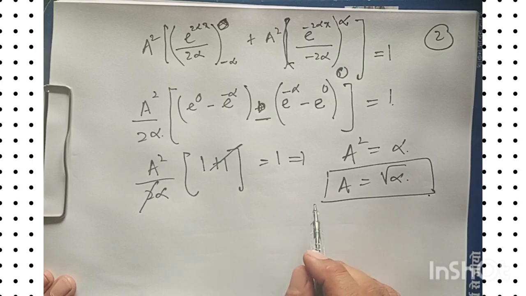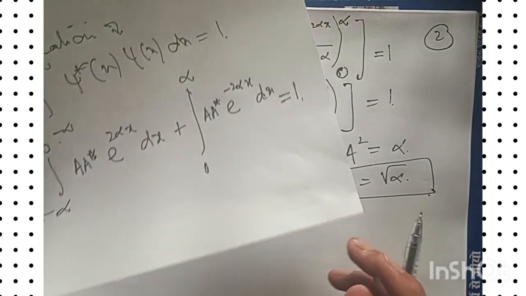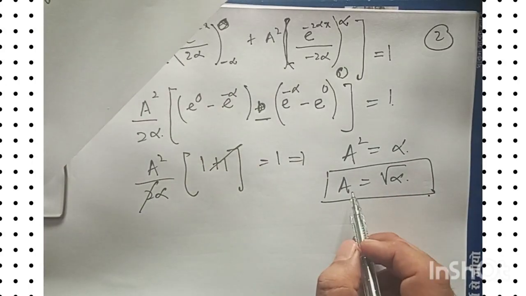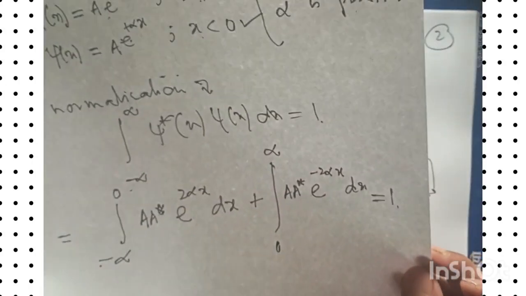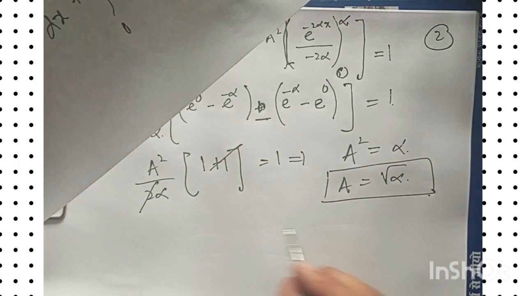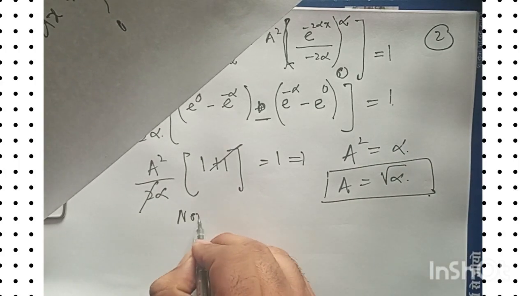So we can write down the wave function here for the two regions. a is obtained using the normalization condition, and we can write down the normalized wave function.